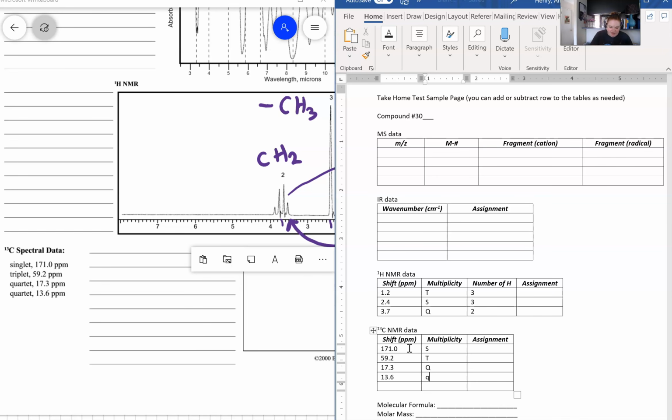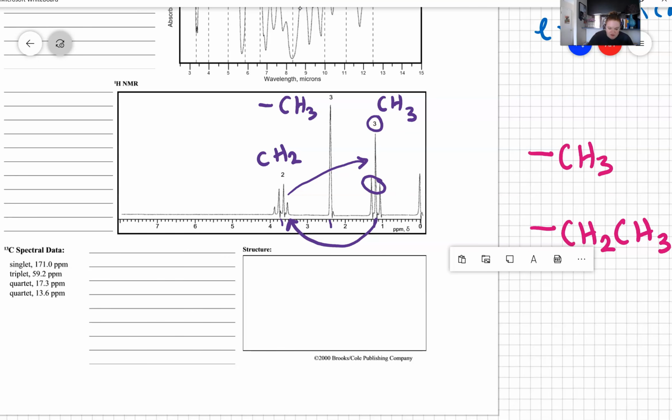When we compare that data to what we've already figured out, this would be a quartet, this would be a quartet, this would be a triplet, so the only peak that would be left would be a carbon that is bonded to an oxygen. So just based off of our carbon and hydrogen NMR, we have a lot of the puzzle pieces for our structure. That would be our singlet.